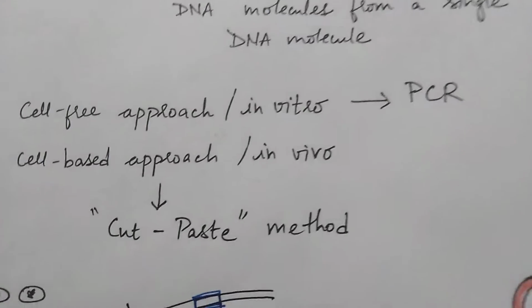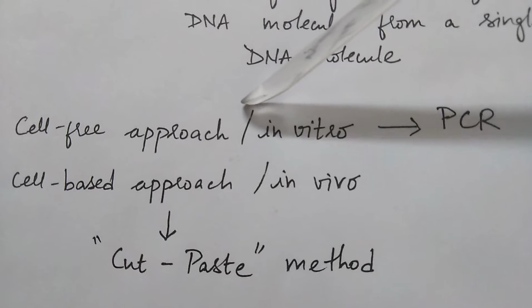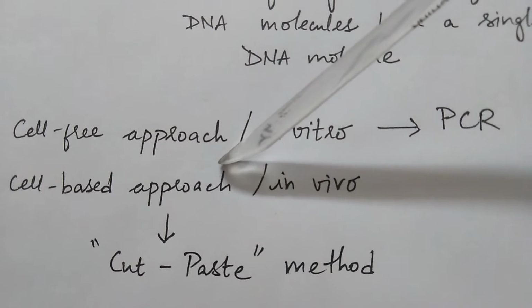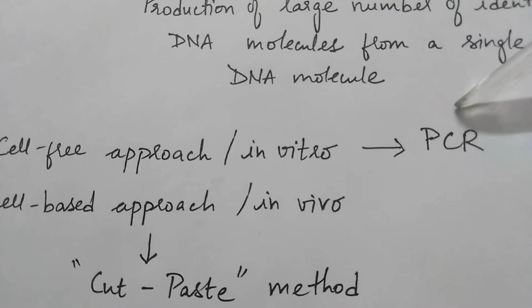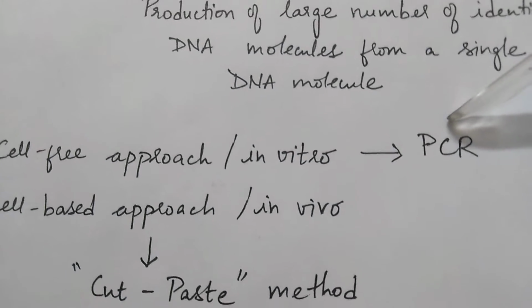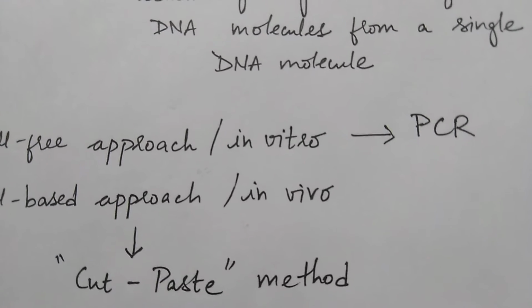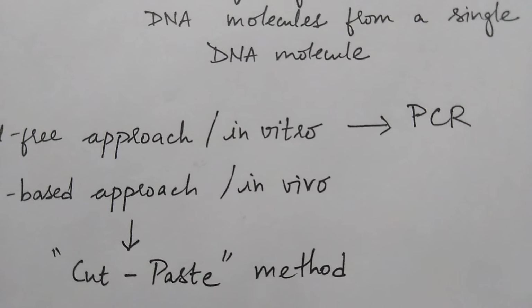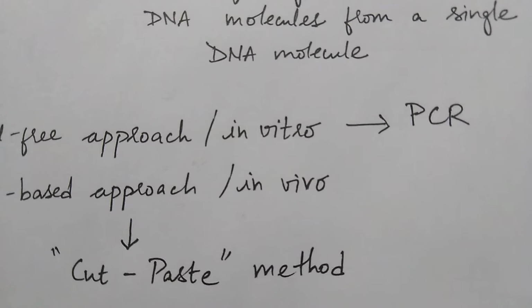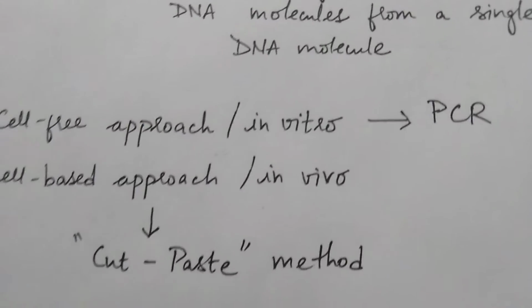There are two approaches used in gene cloning: the cell-free approach or the cell-based approach. The cell-free or in vitro approach is nothing but PCR, that is polymerase chain reaction. As we know, in PCR, we don't use living host cells. We rather simply add the DNA template, primers, and DNA polymerase in a test tube and amplify it in a thermocycler machine.